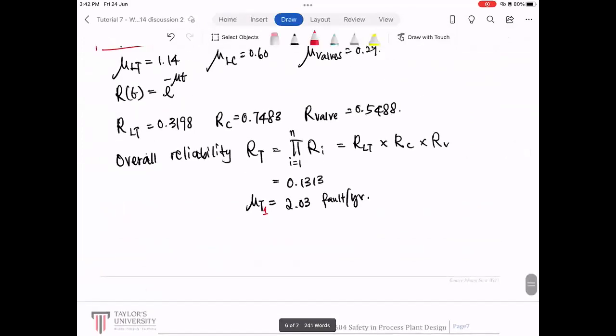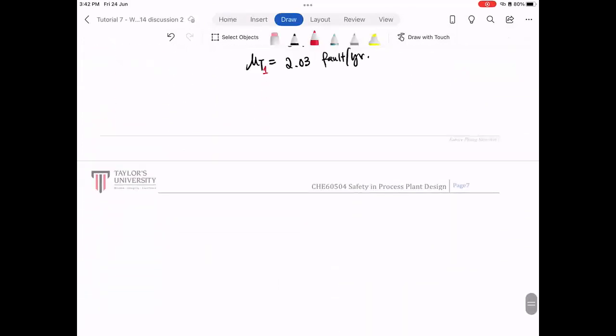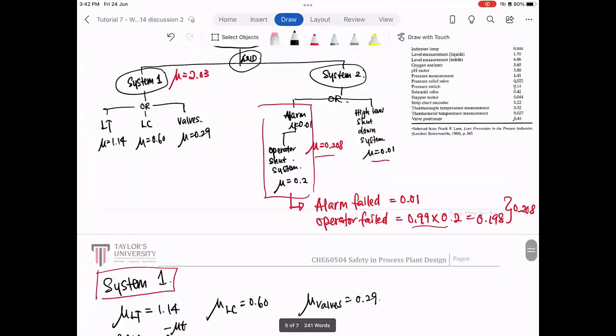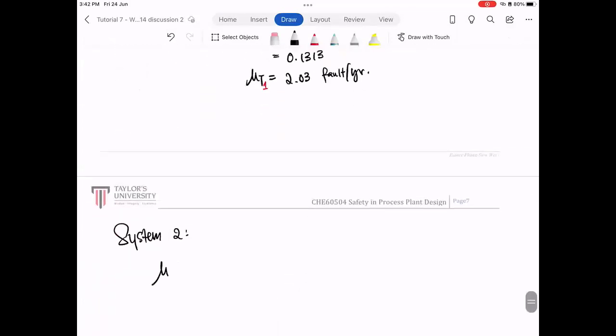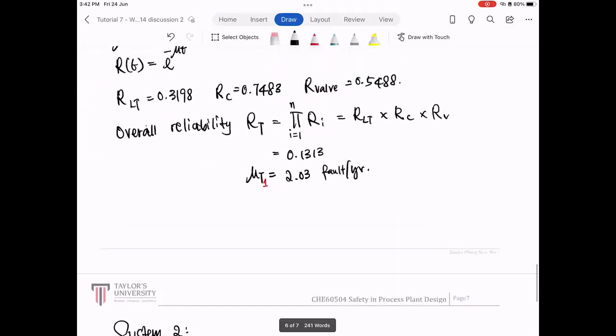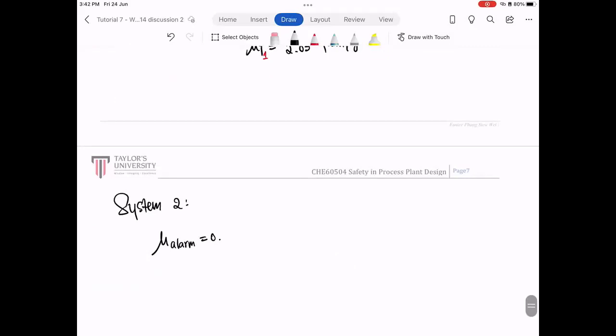Okay, so now we look at system 2. Let me put back in black. So for system 2, we have the alarm system. So this one, the overall alarm system, we have 0.208, and also the high level shutdown system is 0.01, the failure.